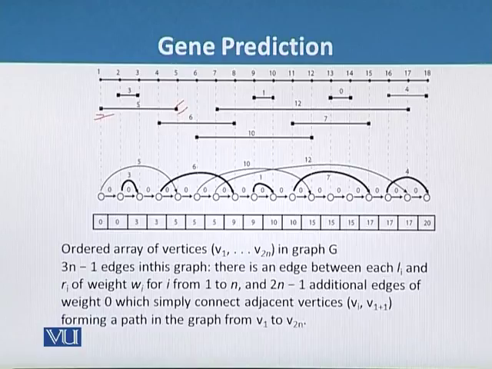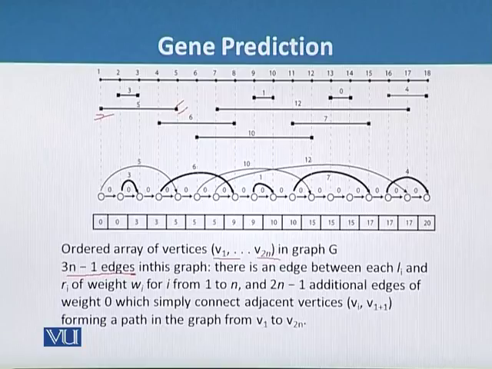In this, the vertices will be from V1 up to V2n in a graph that we designate as G. So there are 3n minus 1 edges in this graph.